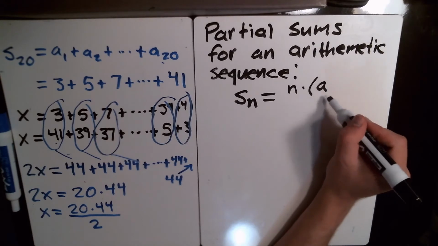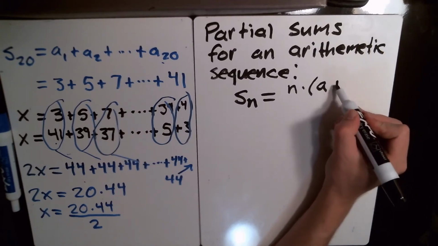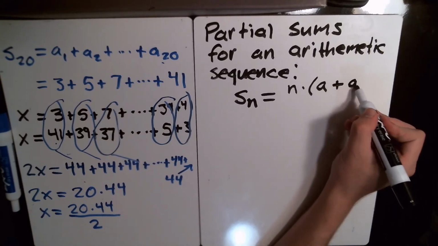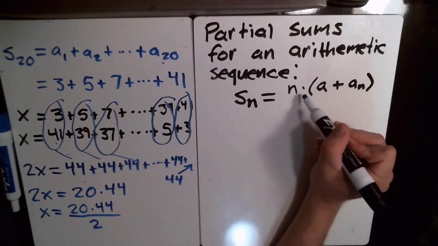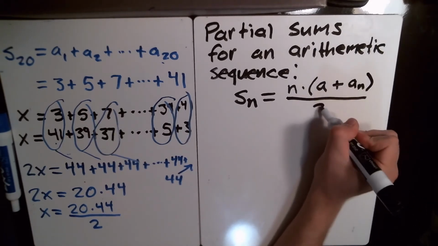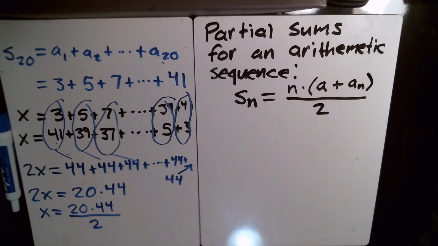So this is the first term, and then plus a sub n, divided by 2. The dividing by 2 is happening because, like over here, to solve for x, we had to divide by 2.